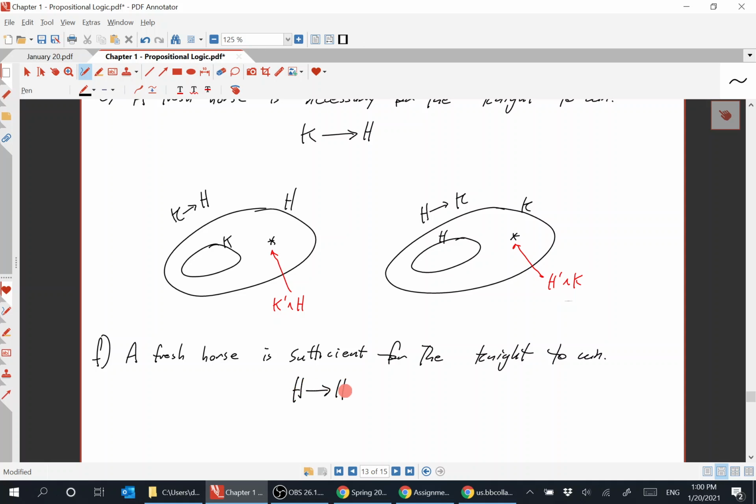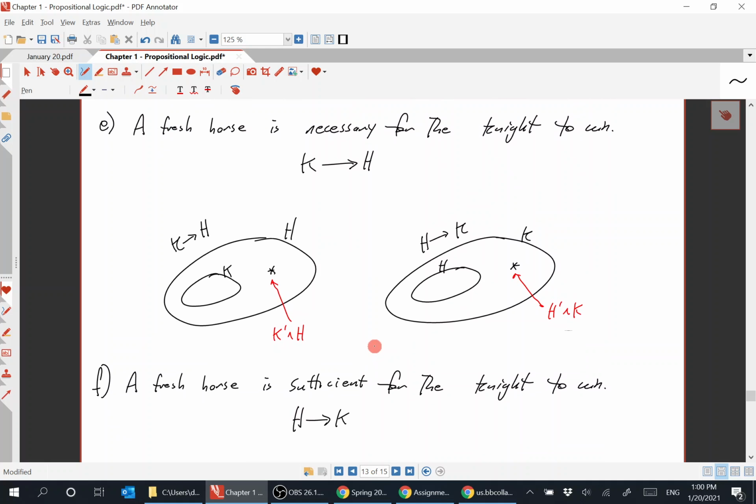So the sufficient condition, right? When you say H is necessary, it puts H in the conclusion. When you say H is sufficient, it puts H in the hypothesis. So when H is necessary, it's the larger set in the containment. When it's sufficient, it's the smaller.